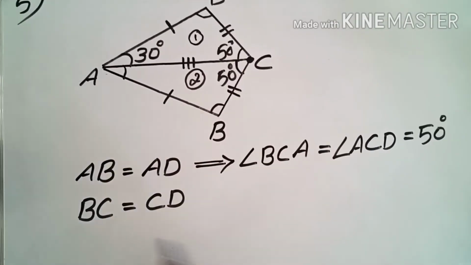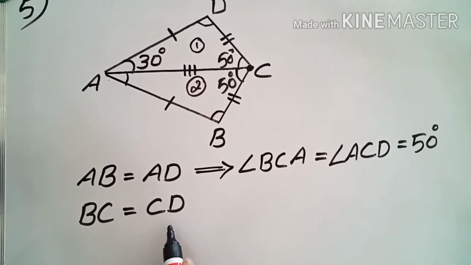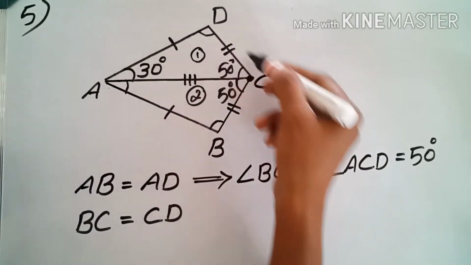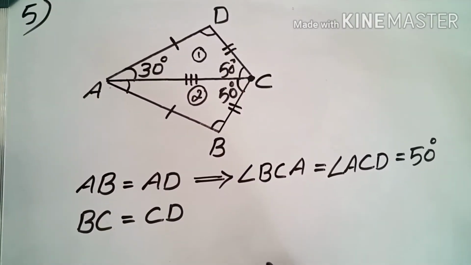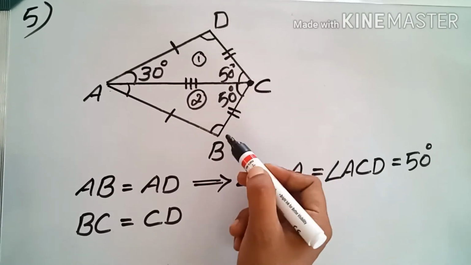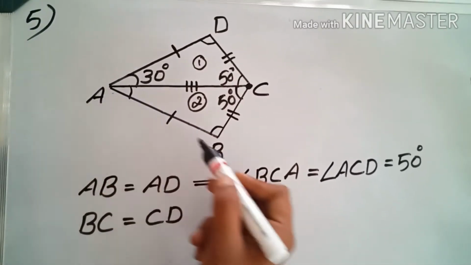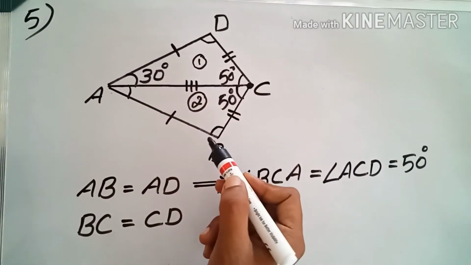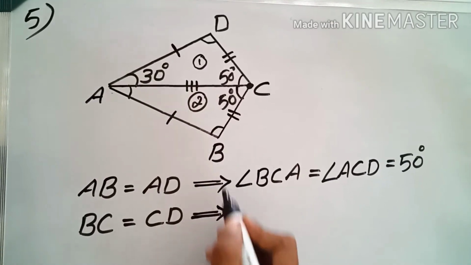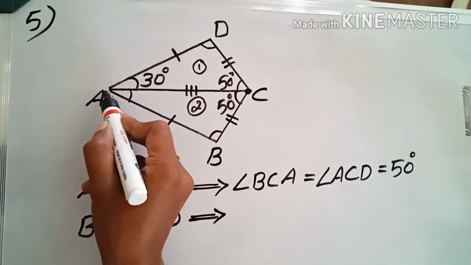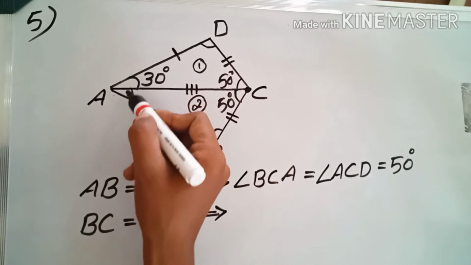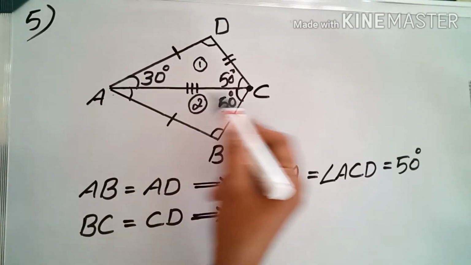Now the next sides, that is BC and CD equal. So their opposite angles will be equal. So BC's opposite angle is what? Angle A. But you have to specify. That is angle BAC. Only this portion is the angle of the second triangle.